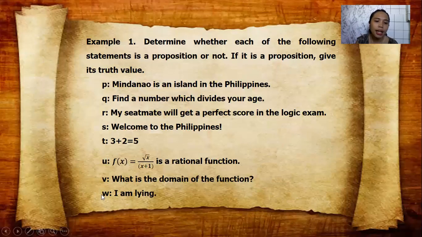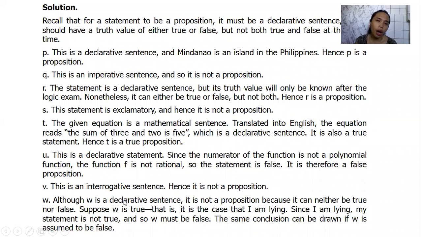Okay, let's have W is the proposition: I am lying. W class is a declarative sentence, because he or she is declaring that he or she is lying. But it cannot be considered a proposition. Why?